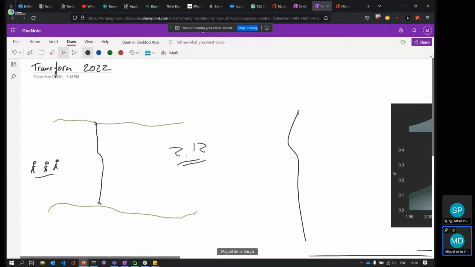Now, in a different context, we could say, okay, that's our answer. That's 2 meters 12. But if I asked you now, how much do you trust that? How much money would you bet that it is 2 meters 12 and not 2 meters or 2 meters 20?